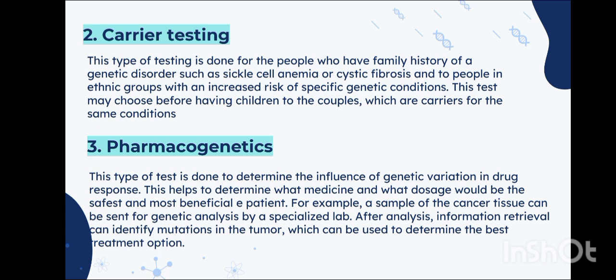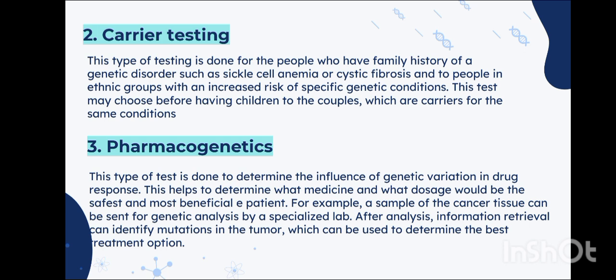Second is carrier testing. This type of testing is done for people who have a family history of genetic disorders such as sickle cell anemia or cystic fibrosis, or for people in an ethnic group with an increased risk of specific genetic conditions.